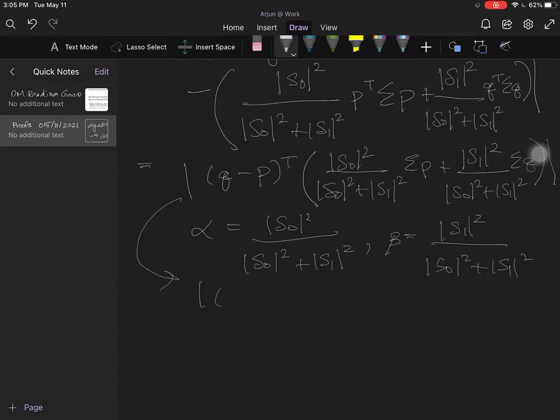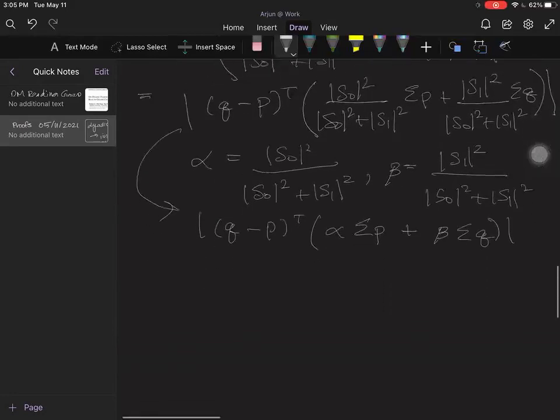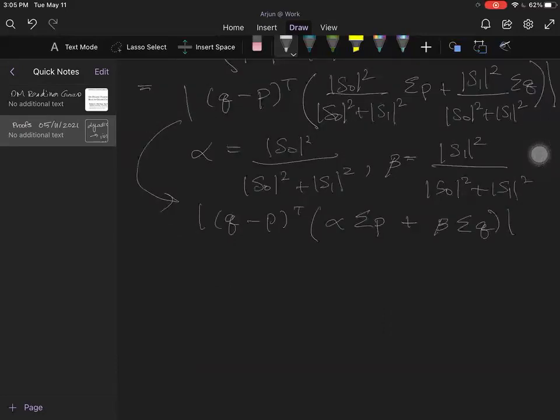We're going to say this is equal to Q minus P transpose times alpha sigma P plus beta sigma Q. So now we're looking to bound this absolute value. Can anyone think of a next good step for bounding such an absolute value, like a very famous inequality that we could use?